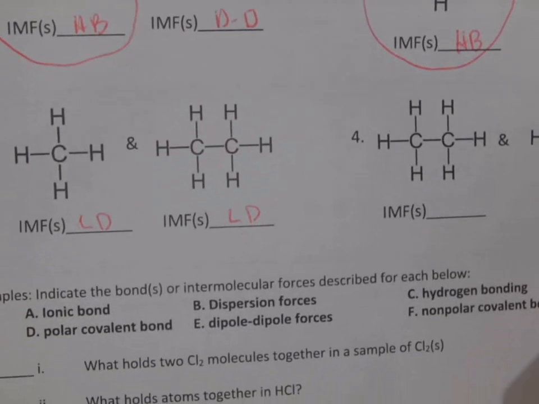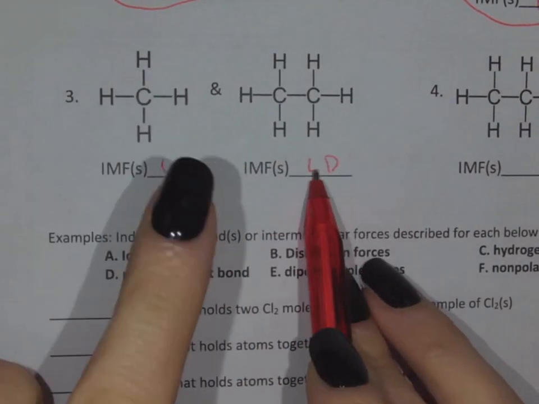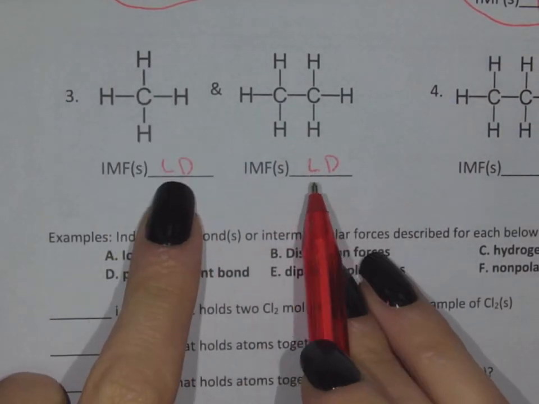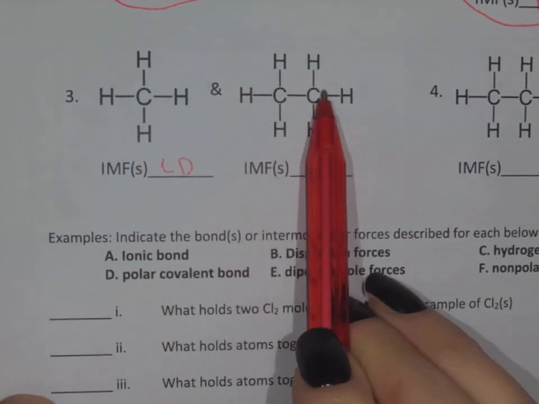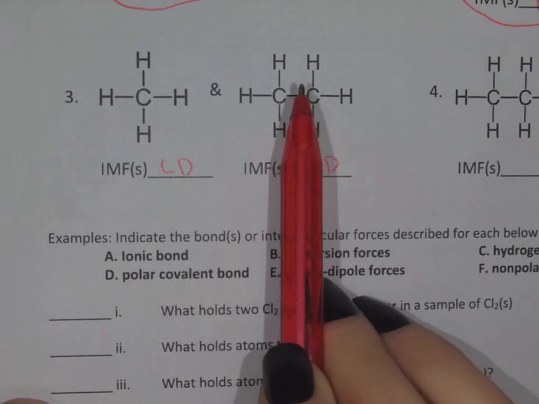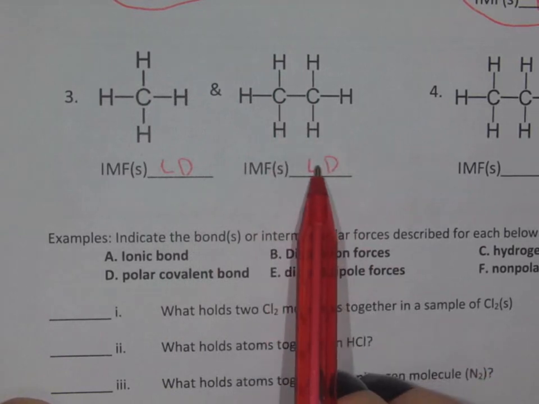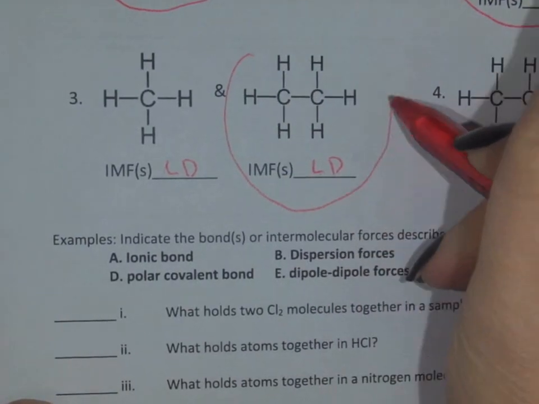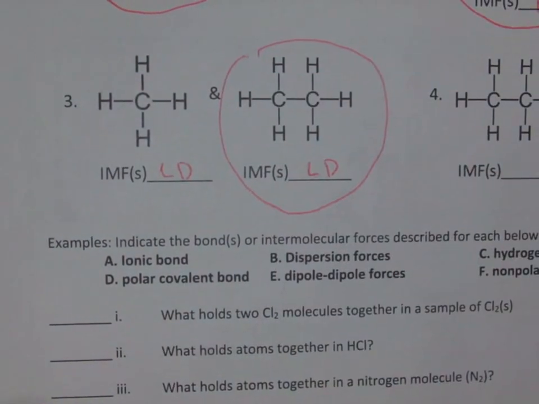So, keeping that in mind, since they're both London dispersion and we can't distinguish which one's stronger based on that, then we look at size. And the C2H6 molecule is bigger than the CH4. And because it's bigger, the London dispersion is stronger. And stronger IMF is higher boiling point.